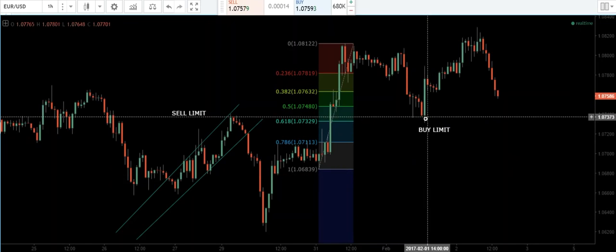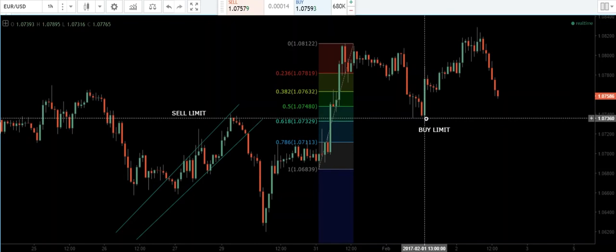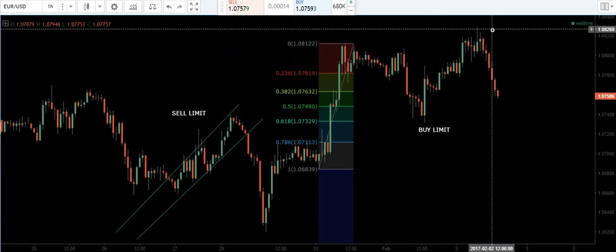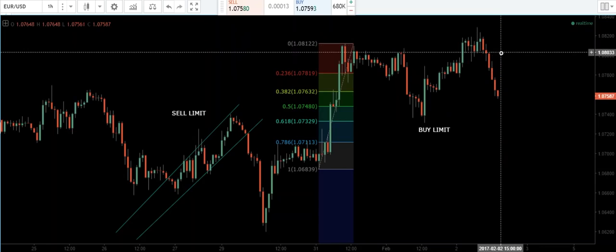And so that way, when price triggered this area, our buy limit order would get filled, and then we would be in this trade on the way to the upside, okay? I find that limit and stop orders can be really useful in a 24-hour market like Forex. Otherwise, it can be quite easy to miss trades, okay?